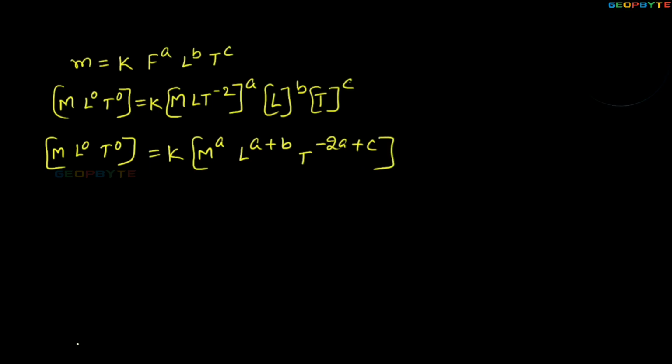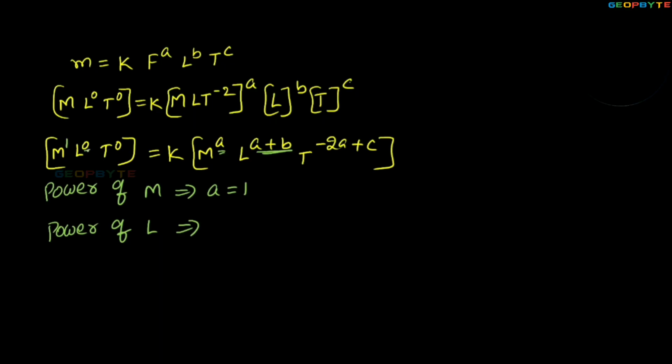Now equating the powers of M, L, T. Power of M, a equal to 1. Next, power of L, a plus b equal to 0. From this I can write b equal to minus a, and a is 1, so b equals minus 1.